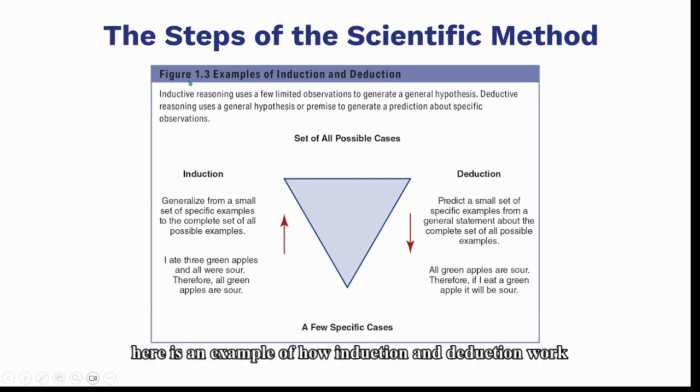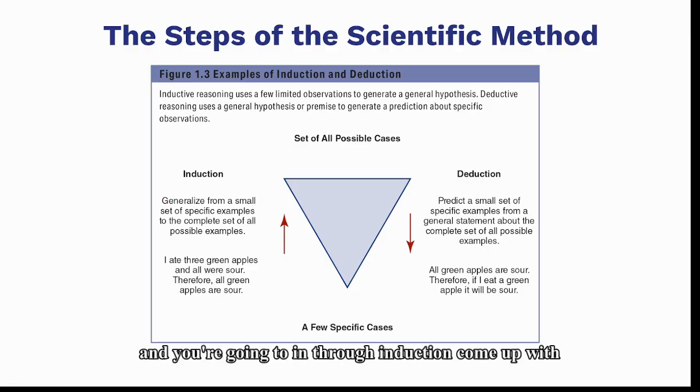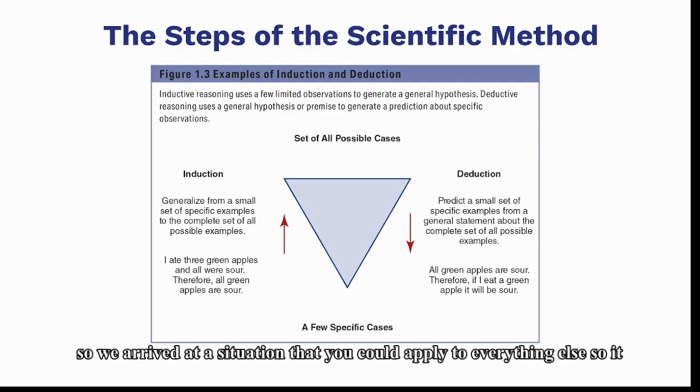Here is an example of how induction and deduction work, from going from a set of all possible cases to a few specific cases. So if you start over here from an induction point of view, you're taking a small set of examples and you're going to, through induction, come up with a situation that you can apply to everything else.